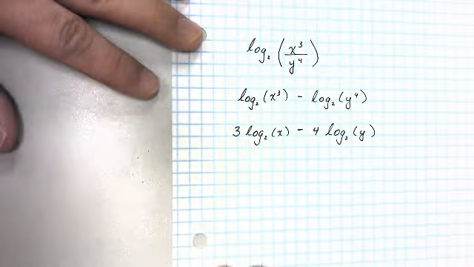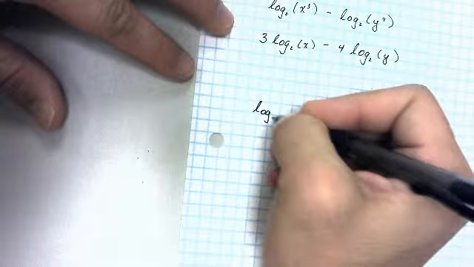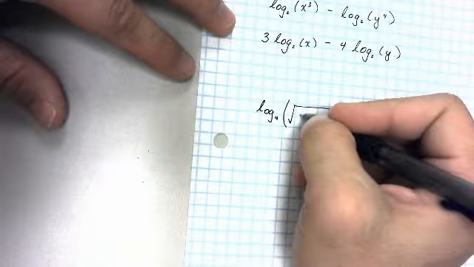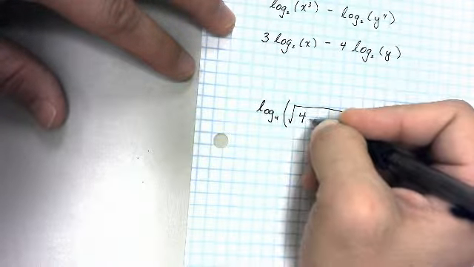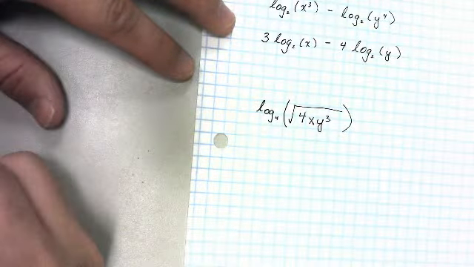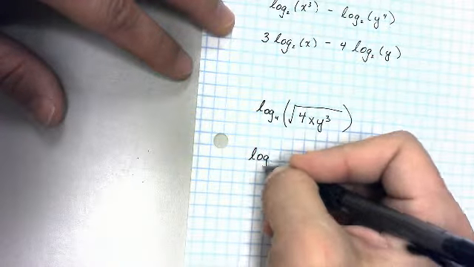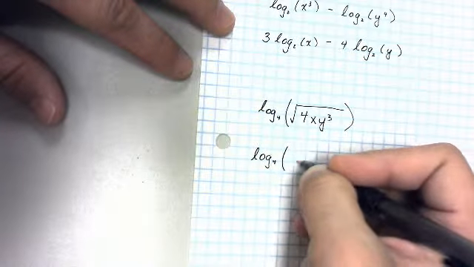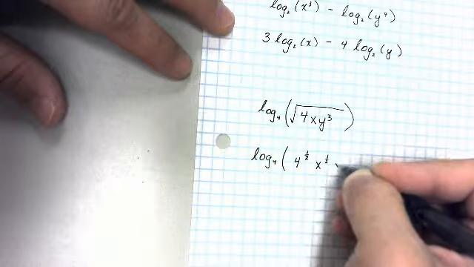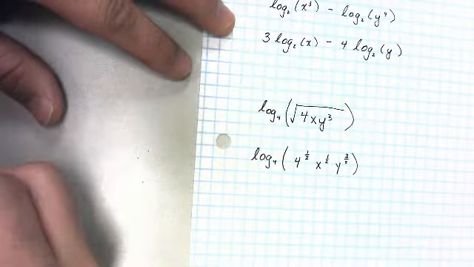Or we even did some examples in class where I had the square root of 4xy to the 3rd all underneath a log. So that is actually the same thing as 4 to the 1/2 power, x to the 1/2 power, y to the 3/2 power, because having a square root is the same thing as raising something to the 1/2 power.